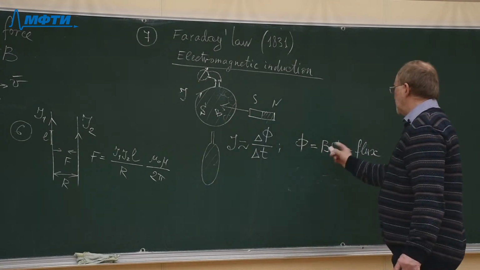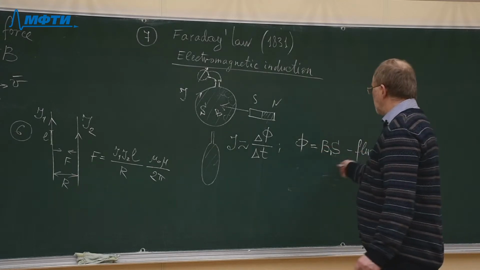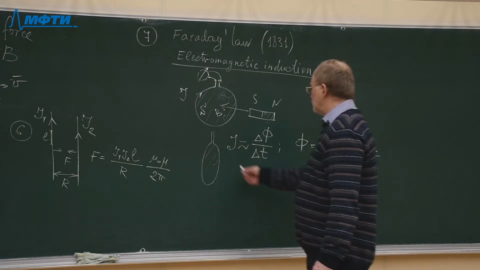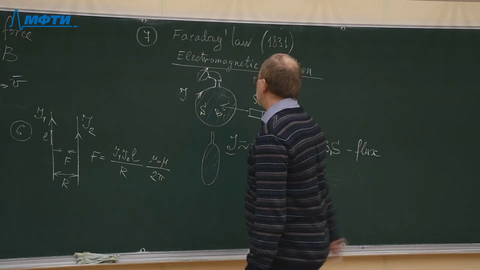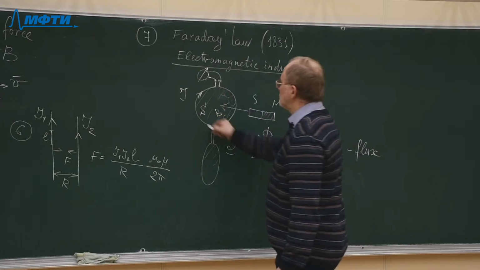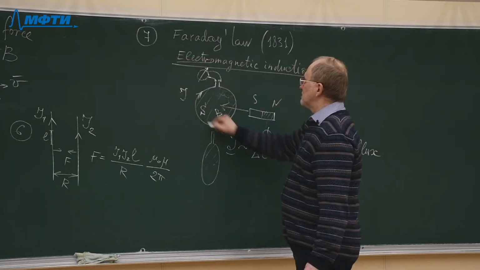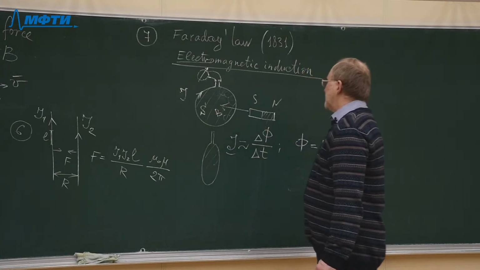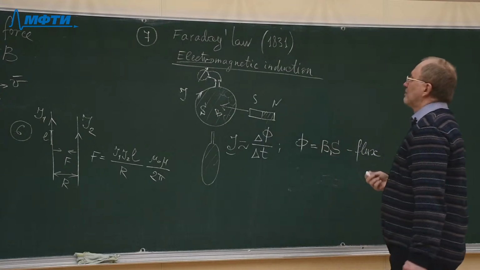So anyway, the change of this quantity calculated in this fashion will give you the magnitude of the current which flows here. So the electric current is generated by changing magnetic field, by varying magnetic field.